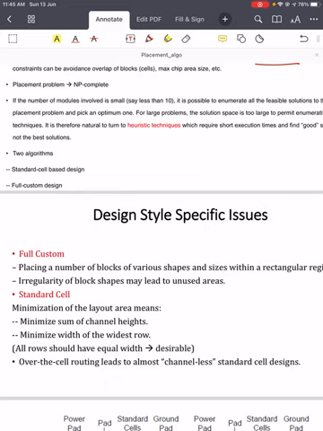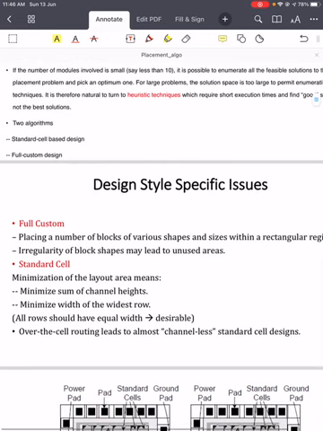I think this does not require any further discussion because in the last video we mainly defined the placement problem in the context of full custom design style, where our task in the placement phase is to place the blocks of various shapes and sizes within a rectangular region, and we keep adequate empty space between the cells or blocks so that we can lay out the wires for interconnections.